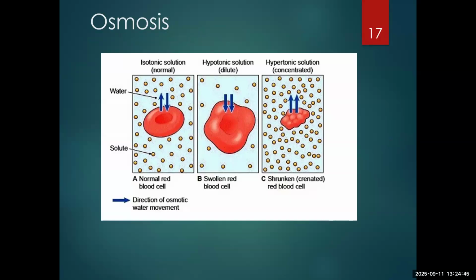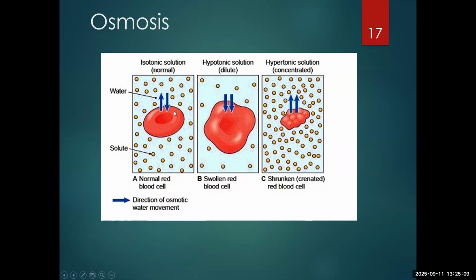Absolutely. And so if you do not have a balance of water molecules on the outside and the inside of the cell, the cell can change shape, and that can lead to big problems, right? Including even the bursting of the cell, which means that the cell dies.